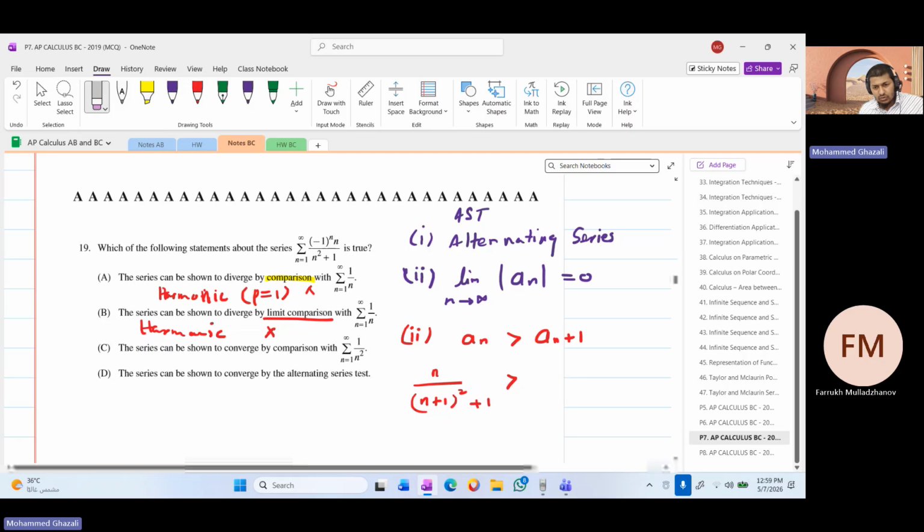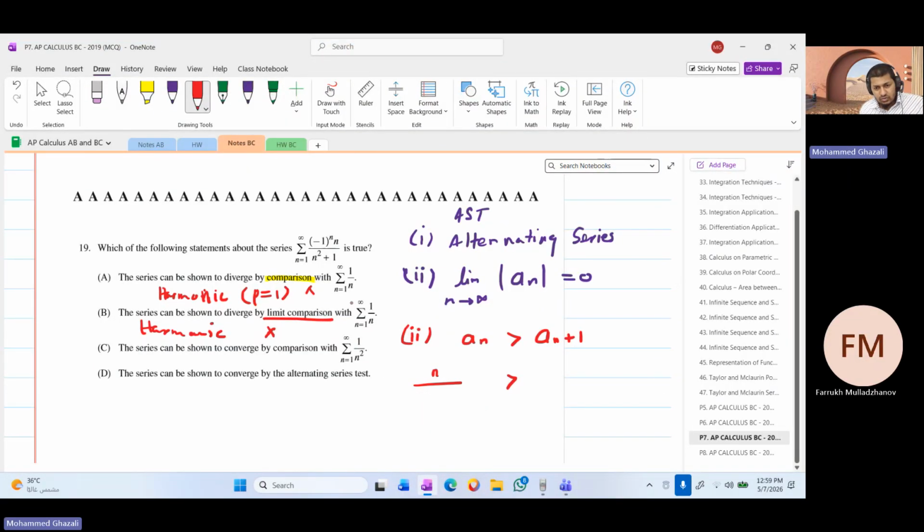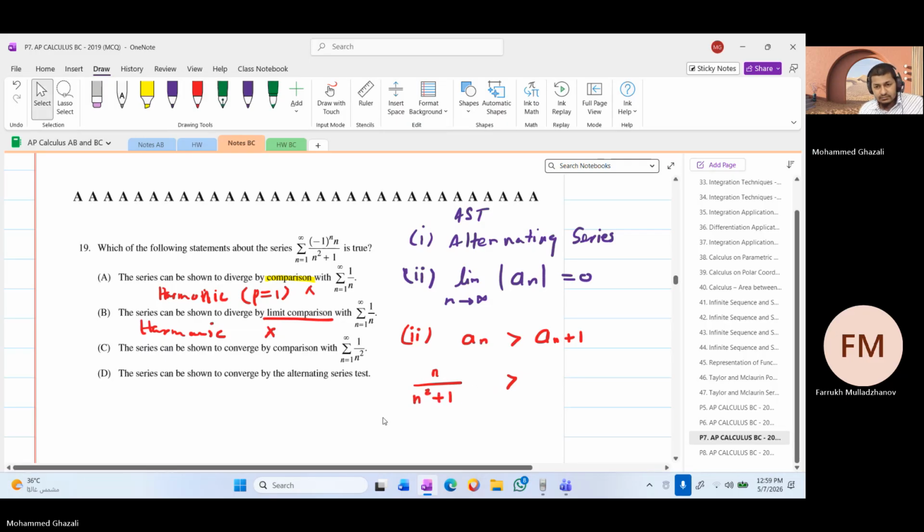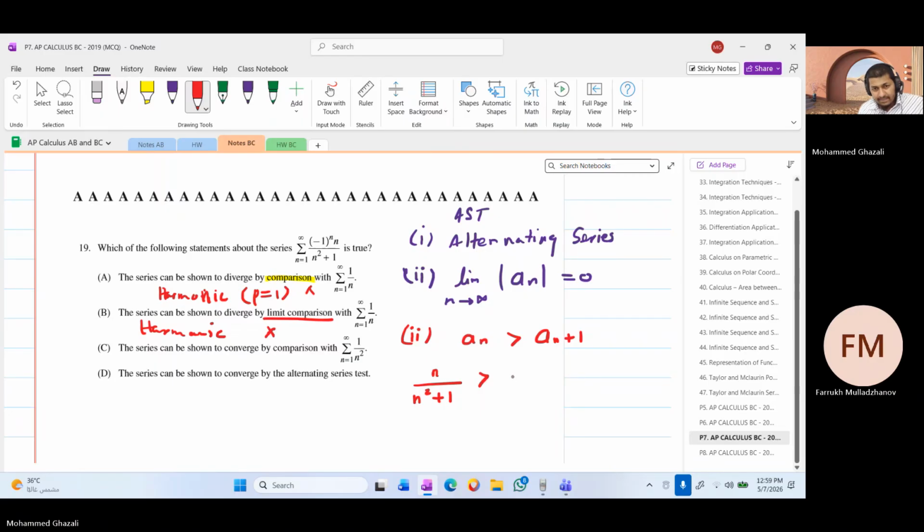An is n over n squared plus 1, which is clearly greater than n plus 1 over n plus 1 all squared plus 1. Are we good?